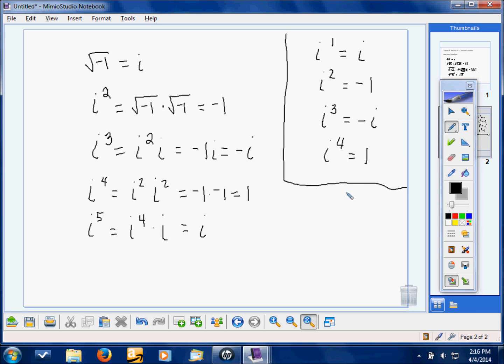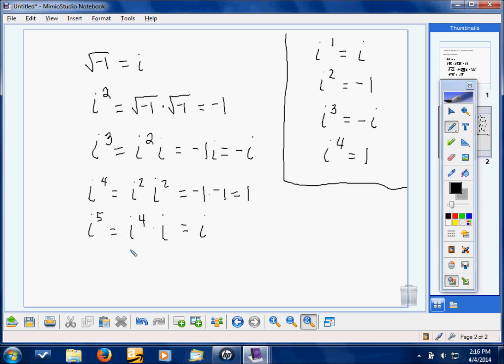I to the 1st is I. I to the 2nd is negative 1. So really what you're doing when you're simplifying powers of I is you're figuring out whether it's I, negative 1, negative I, or 1. Okay?